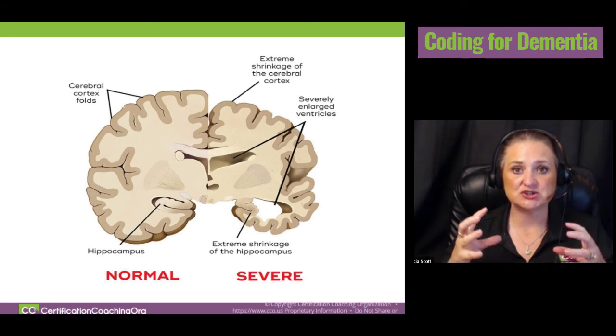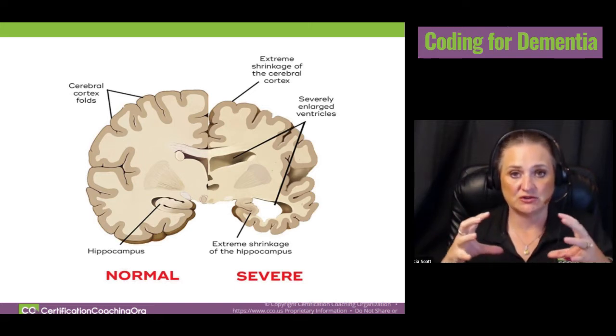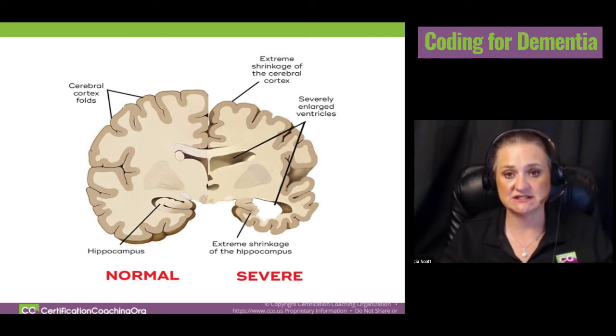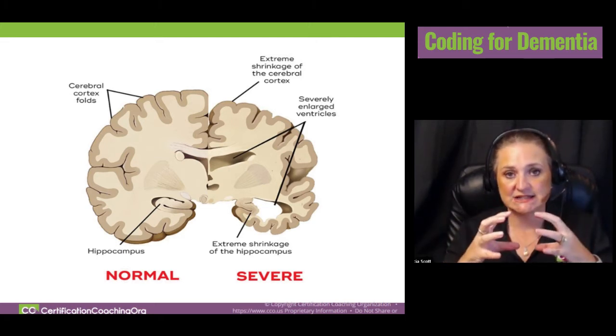Whenever you have anything that's a shrinkage or an atrophy, that's a significant sign of a problem. Or giant gaps that aren't supposed to be there, like these ventricles, like caves inside the brain. The brain is pushed in really tight.